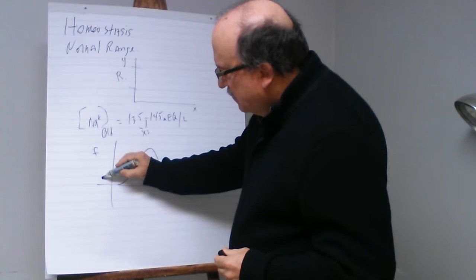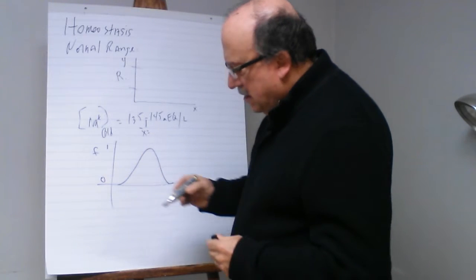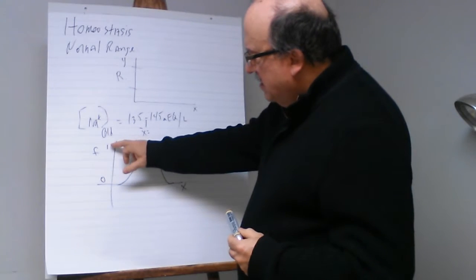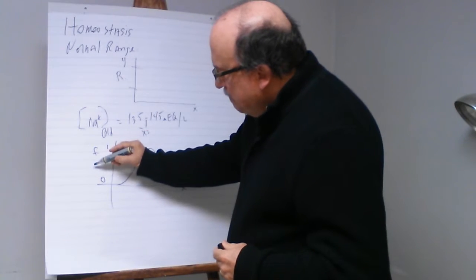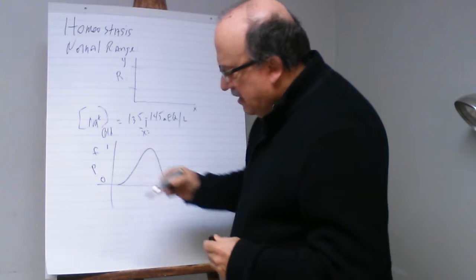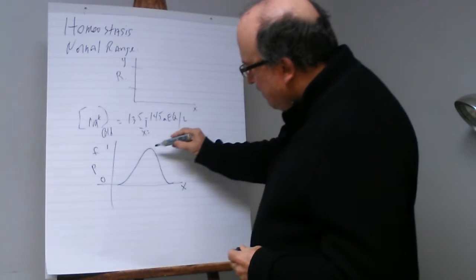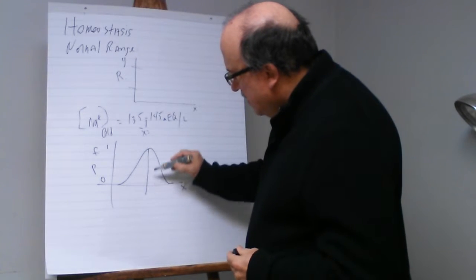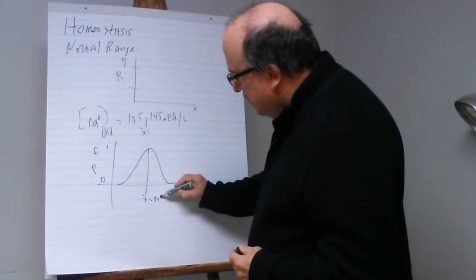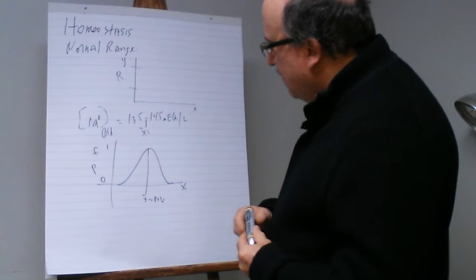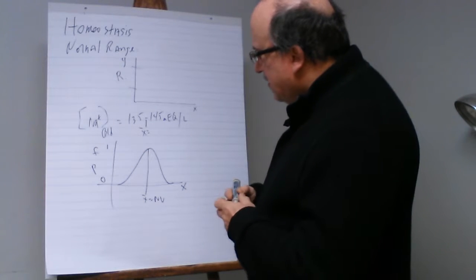Probability frequency goes from 0 to 1, where 1 is 100% of the population and 0 is 0%. So this is probability. And the mean value is somewhere in here. This is considered the normal value of approximately 140 milliequivalents per liter.